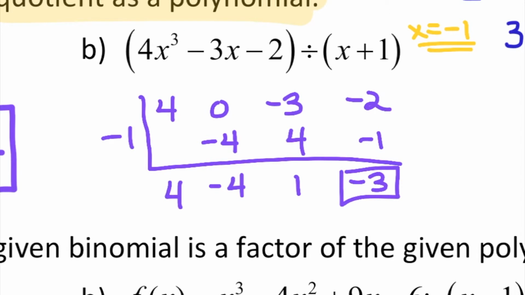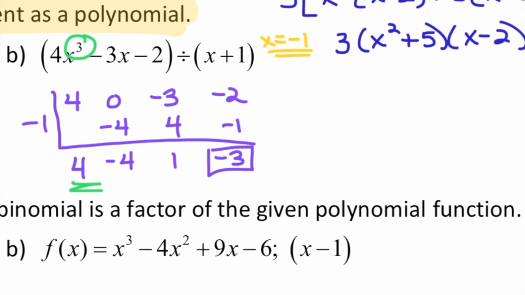So again, I started with a third degree, and so my quotient in my answer is going to be second degree, subtract 1 from the degree. But this time I have a remainder, and so I'm going to use negative 4 and 1.